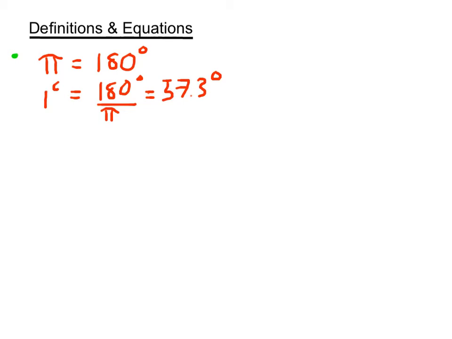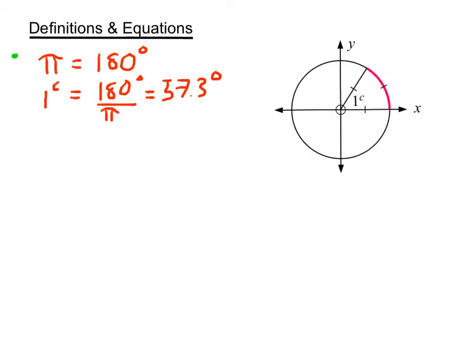Here is a unit circle with one radian arc length drawn on the circle. You can see it right here. So 1 radian is approximately equal to 57.3 degrees.